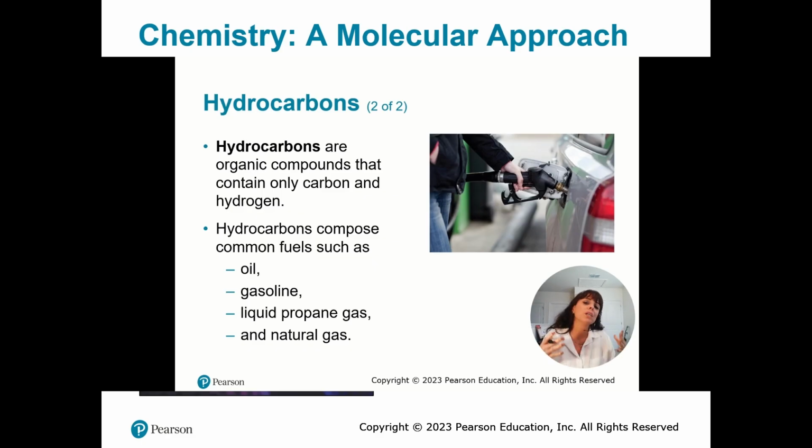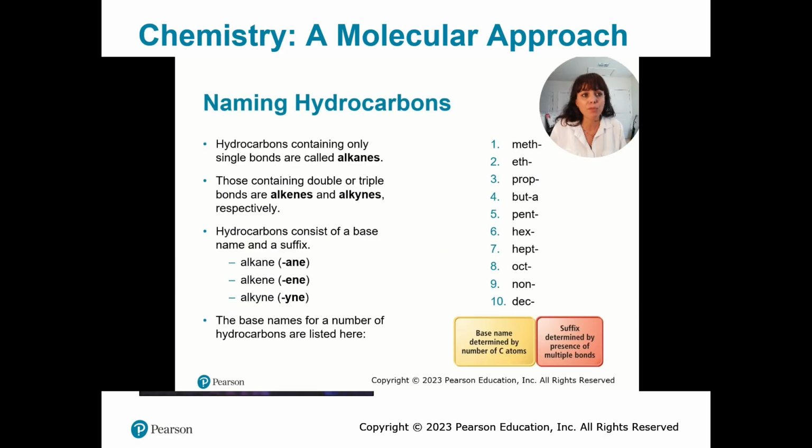Hydrocarbons compose common fuels, as I said before. And to name them, it's really pretty easy. Hydrocarbons that contain only single bonds we call alkanes, if they contain double bonds we call alkenes, or triple bonds, alkynes.